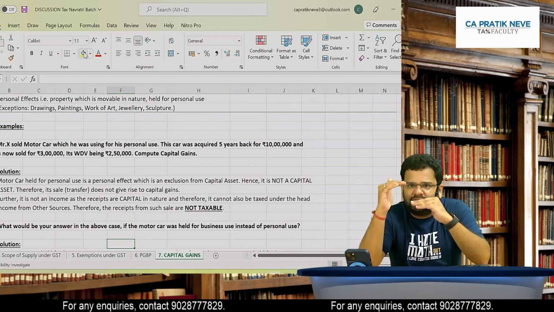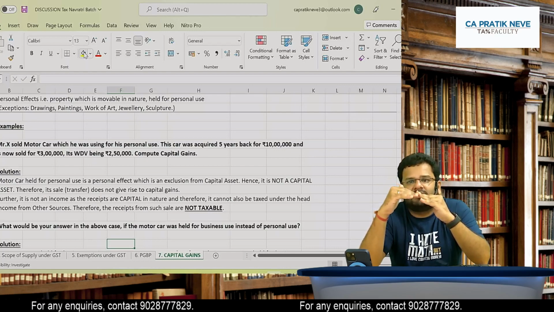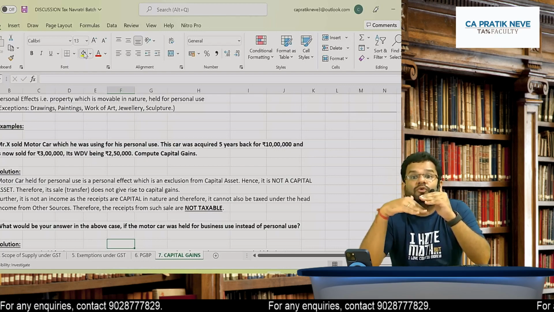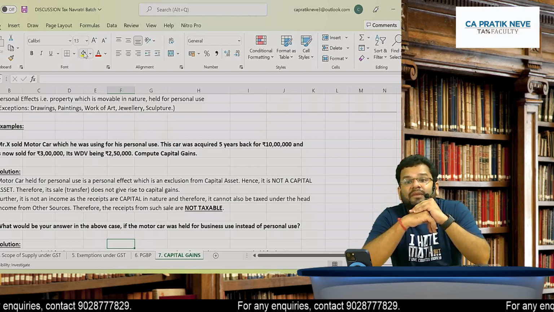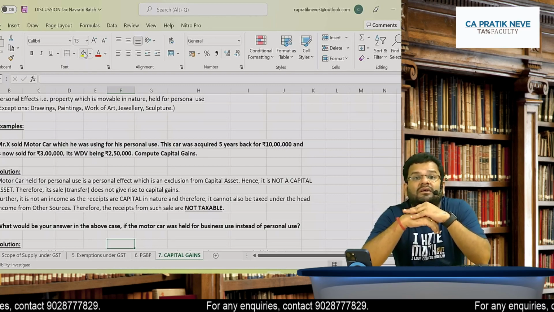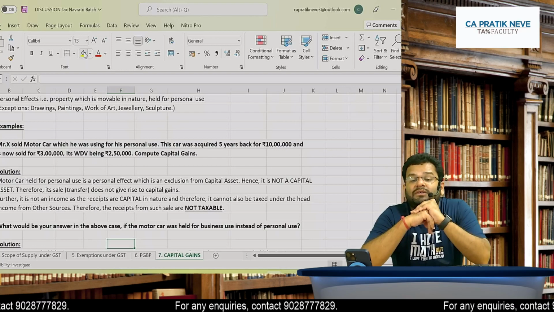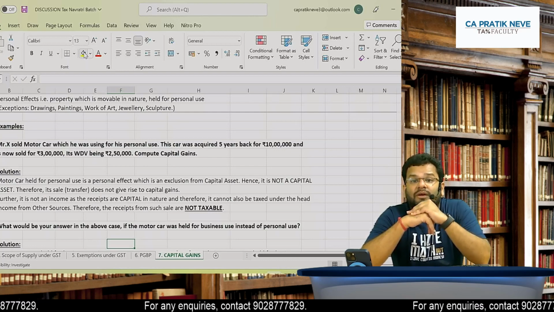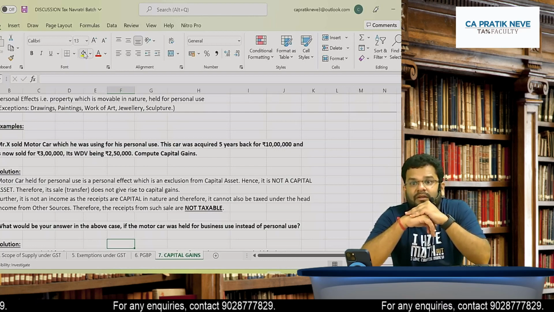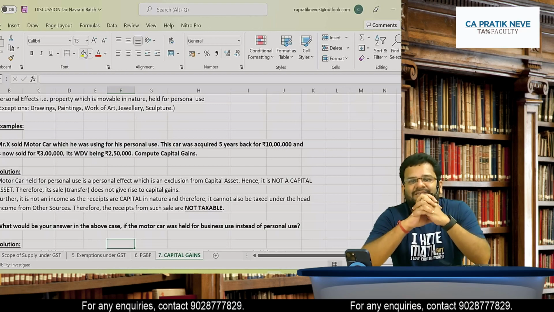Now FVC minus expense on transfer will give you net sale consideration. Net sale consideration minus cost of acquisition minus cost of improvement. That gives you capital gains.